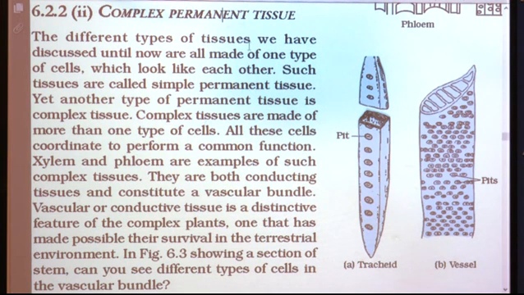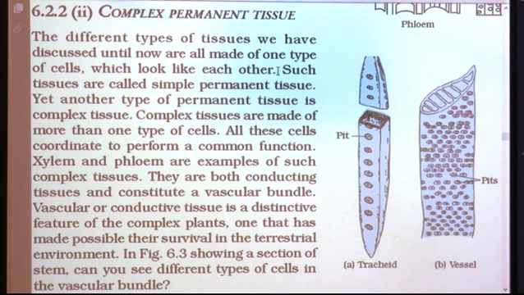The different types of tissues we have discussed until now are all made of one type of cells which look like each other, and that is why they are called simple permanent tissue. In simple permanent tissue, in a particular tissue, all the cells are of the same type and they look similar to each other.